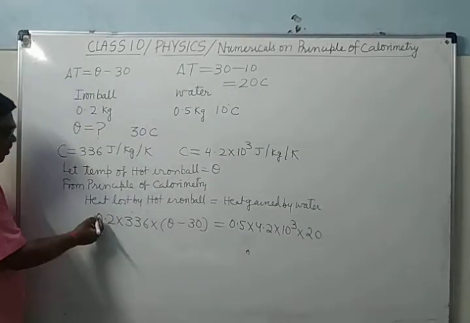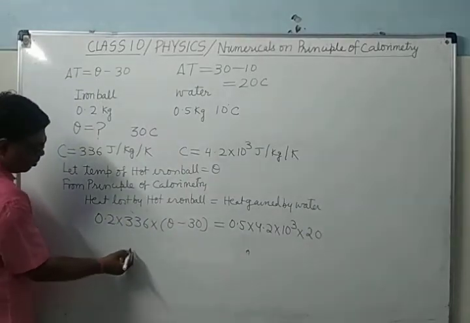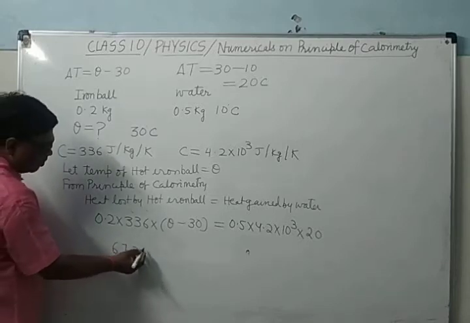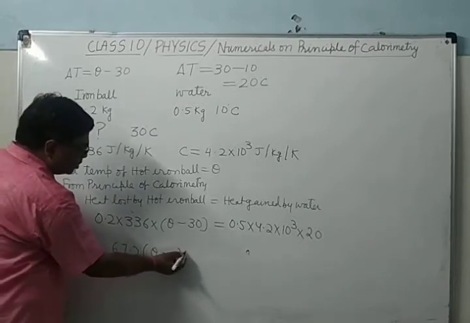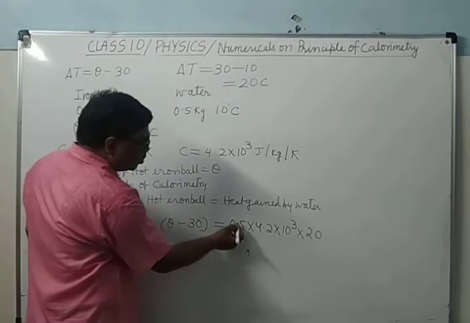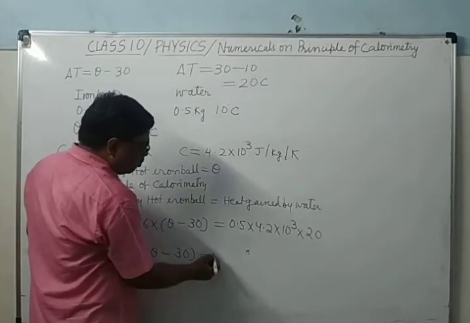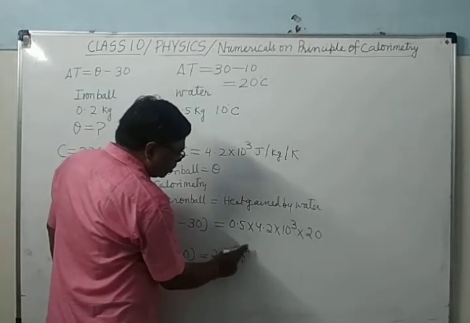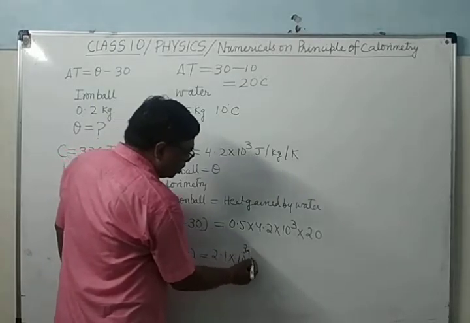So you simplify. When you simplify, it becomes 67.2 into theta minus 30 equals 2.1 into 10 to the power 3 into 20.